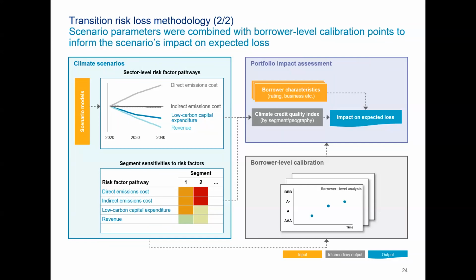So a good example is thinking about direct emissions costs in the oil sector, and recognizing that there's a significant difference of over 50% between the extraction of a barrel of light sweet crude from the Middle East versus the extraction of heavier crude, or even going beyond that to tar sand. So recognizing that different areas within a sector are going to be hit differently was the first way of then breaking down the scenario in a way that created something that made intuitive business sense.